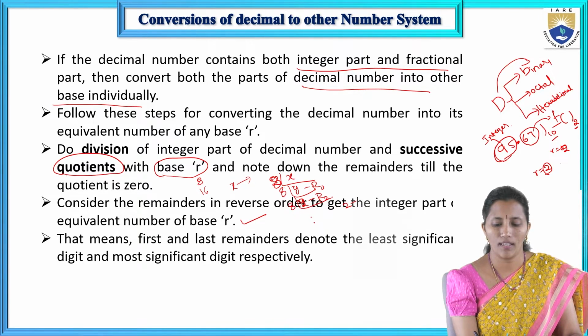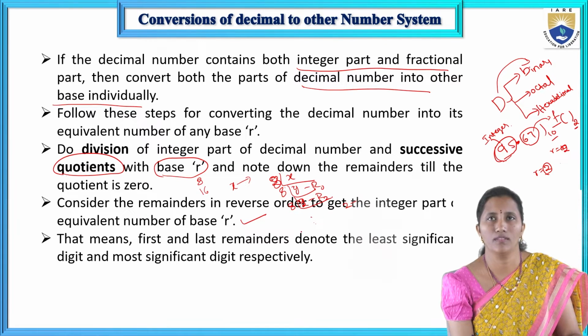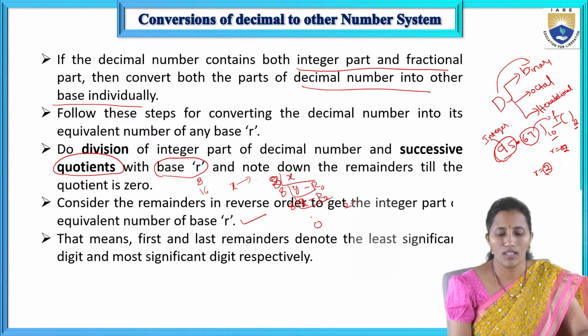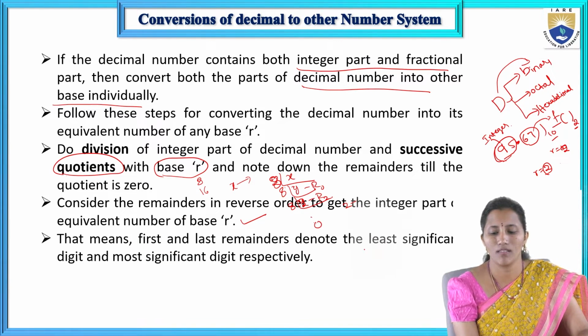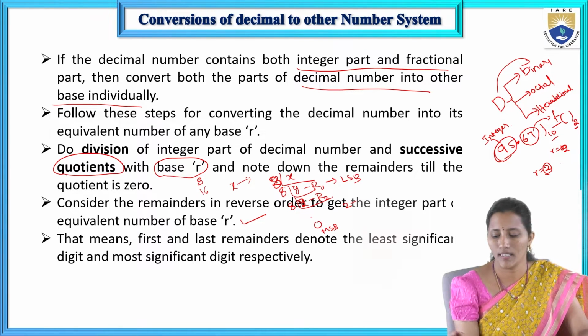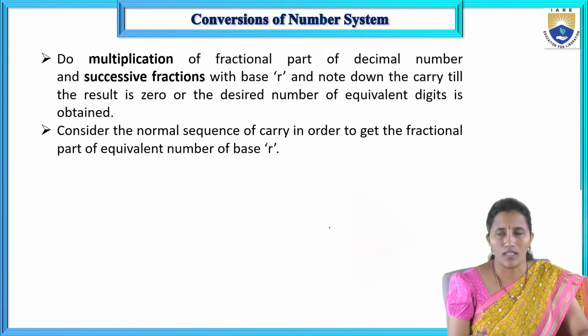We do this procedure till the quotient is 0 or 1. The first and last remainders denote the least significant bit and the most significant bit: this is the LSB and this is the MSB. We will discuss the problem, then you will understand.